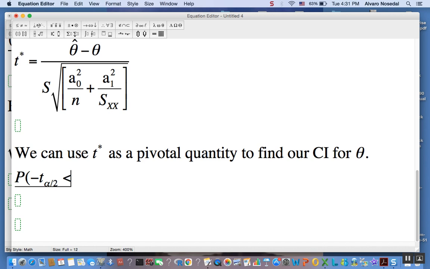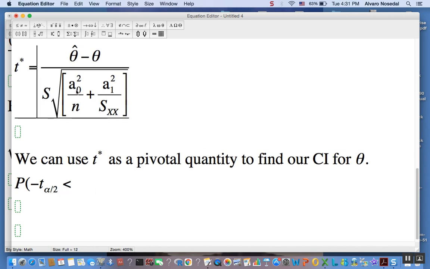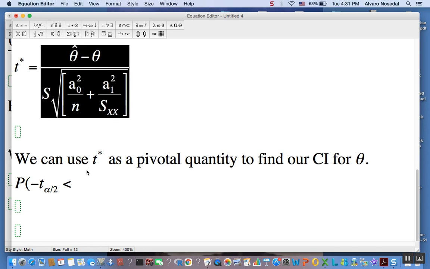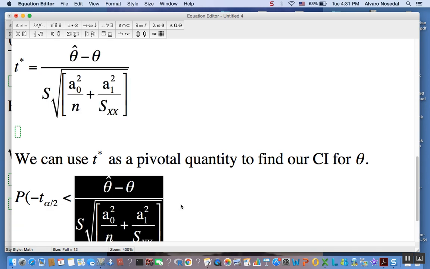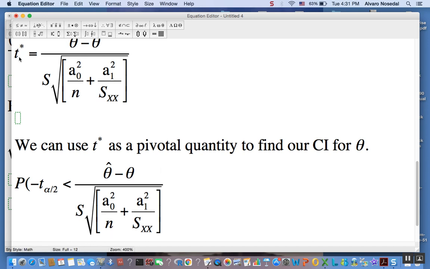So in general, the probability that this quantity t star lives between minus t of alpha divided by 2 and t of alpha divided by 2, where those are critical values from a t distribution with n minus 2 degrees of freedom, is 1 minus alpha.